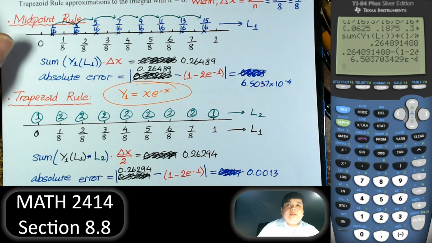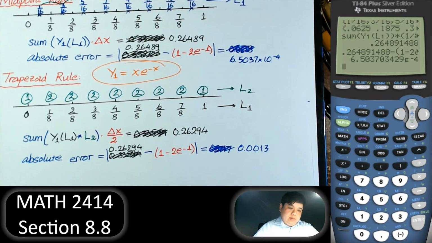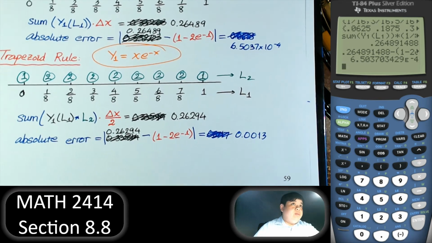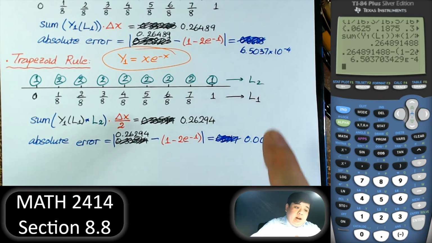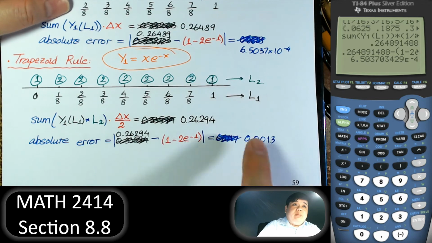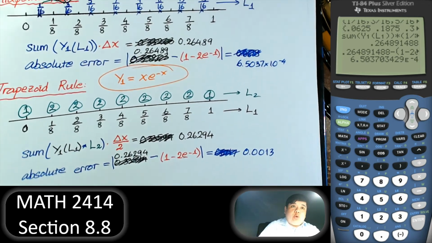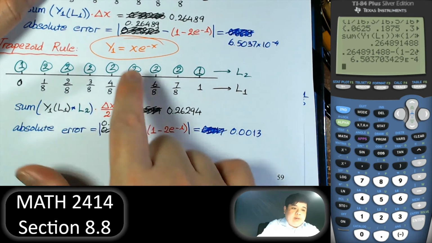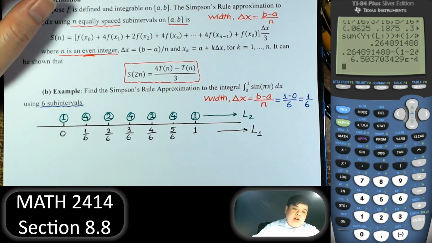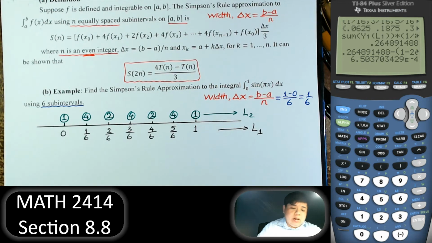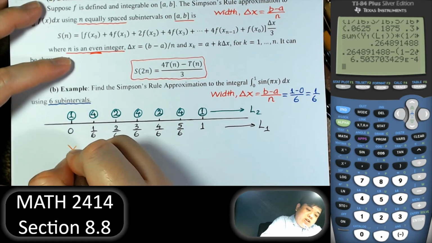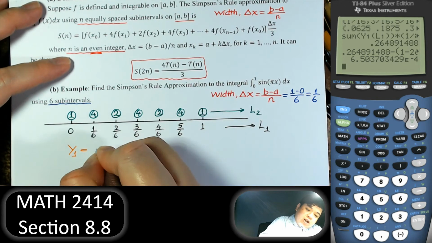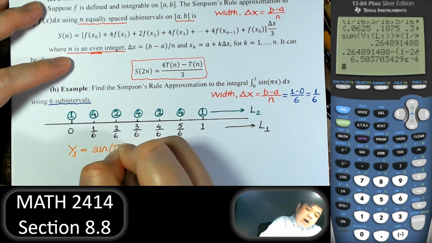Right. So, like I said, the midpoint rule should be more accurate than the trapezoid rule in general. We should have that. Right. Sorry. Don't forget, we need to enter the function. Right. So, we have list 1, list 2. Make sure we enter the function, sine of pi x.